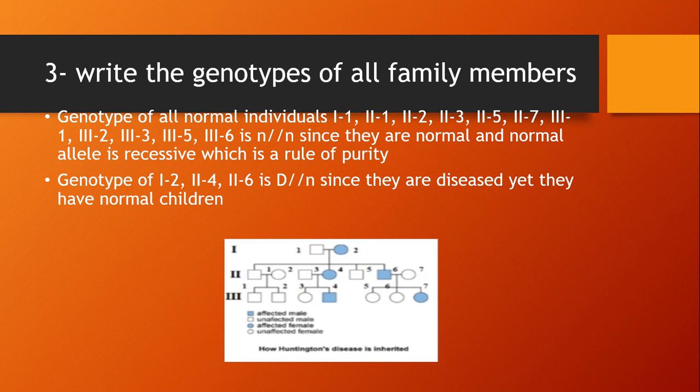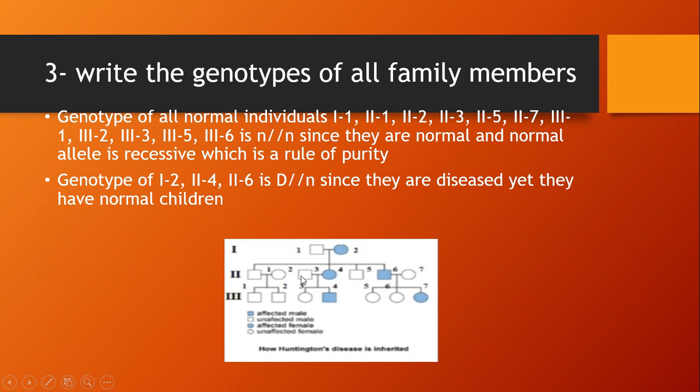As for the genotype of 1 2, 2 4 and 2 6, who all appear to be affected, their genotype is supposed to be capital D small n, since they are affected, which explains them having the capital D allele.